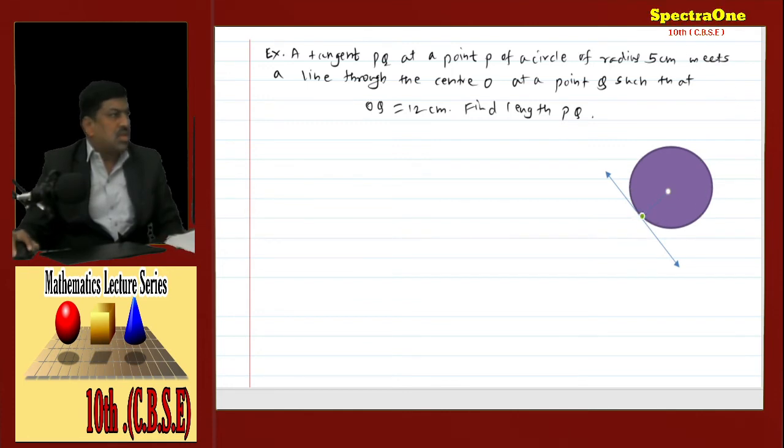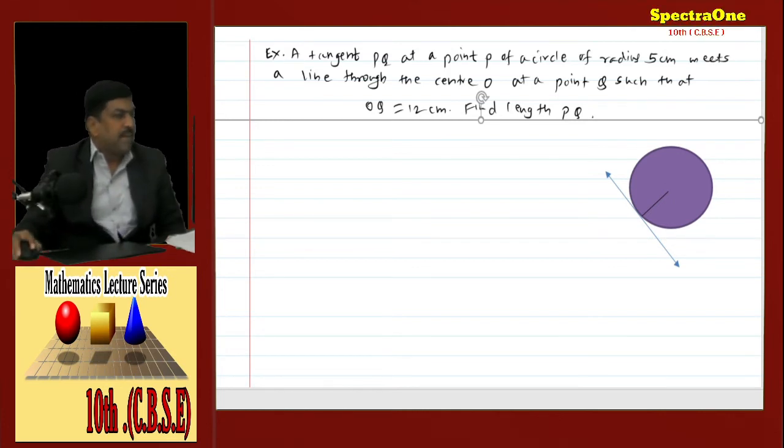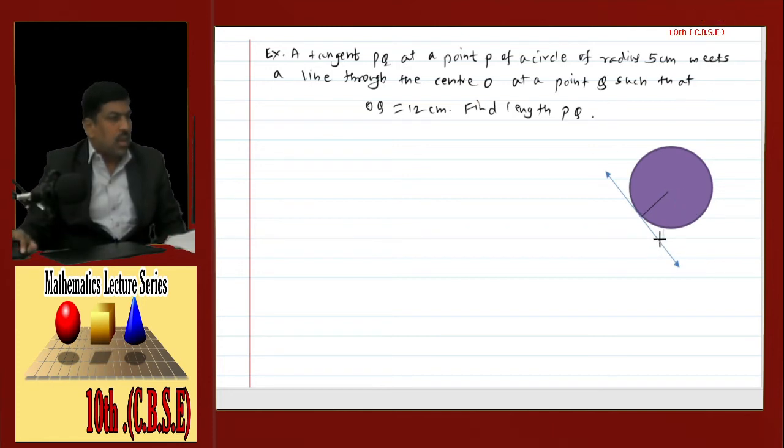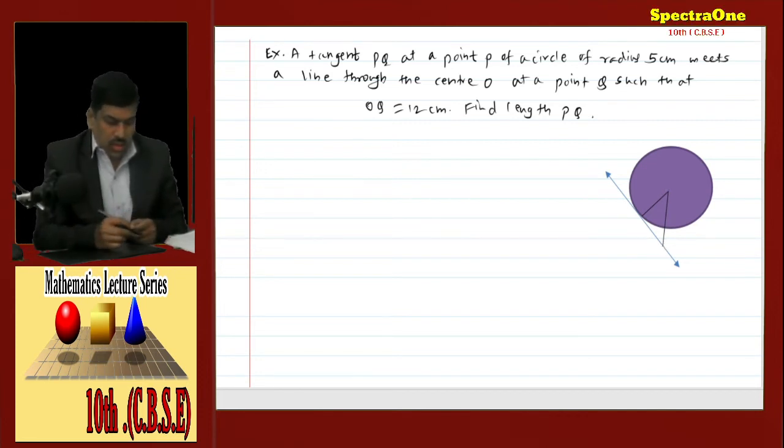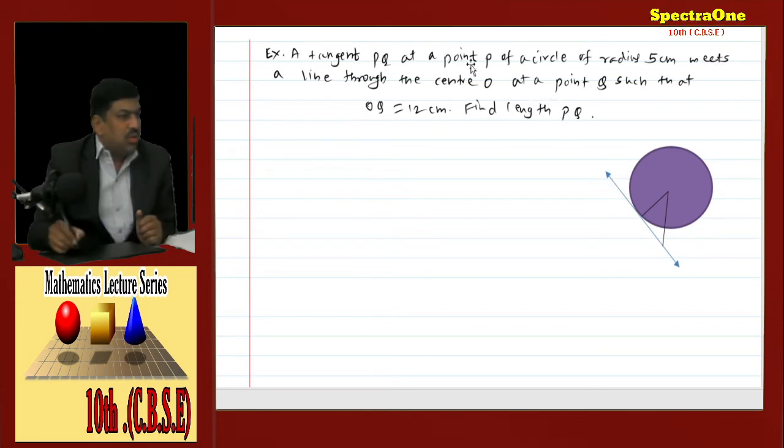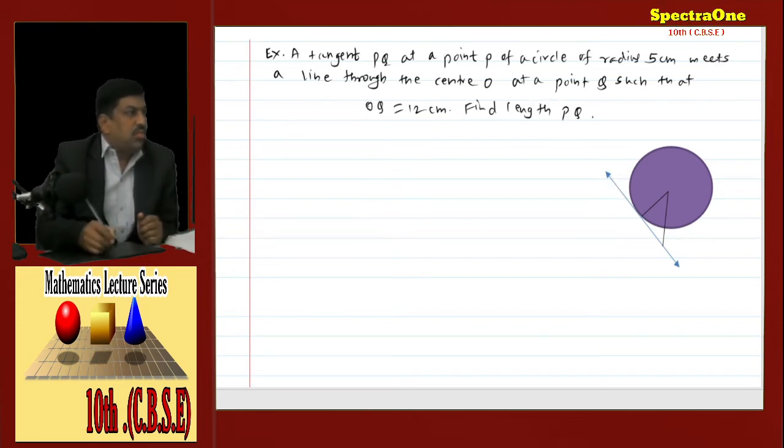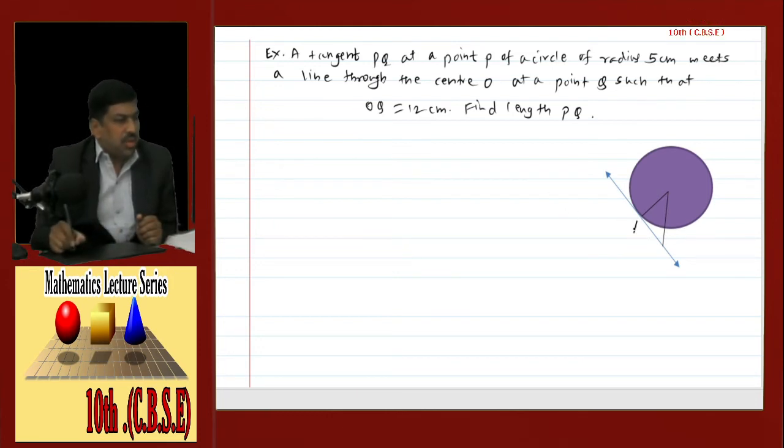This is the center of the circle, and there is another point Q. So a tangent PQ through the point P. This is the P point.